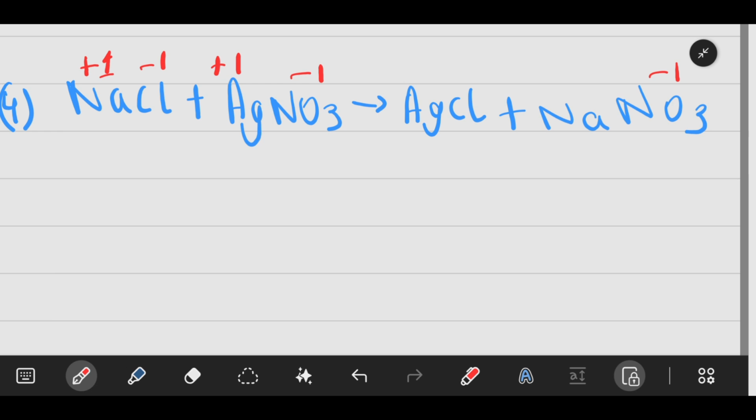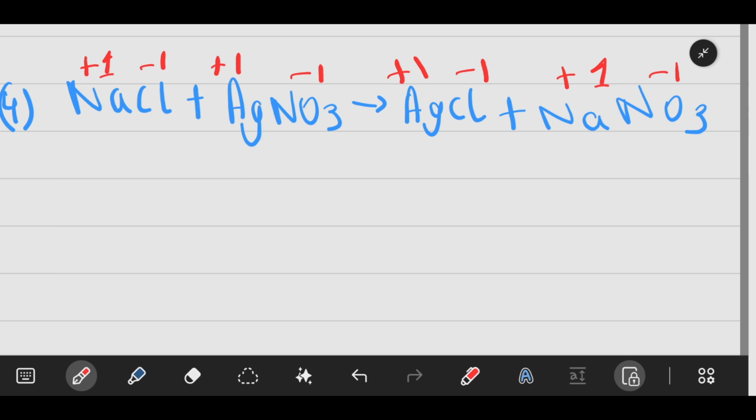So to cancel out this minus 1, it needs to be plus 1. Same thing for this one: chlorine is minus 1, silver is also plus 1. And sodium, because it is in a group, will be plus 1 here. So let's take a good look at what is being oxidized and what is being reduced.